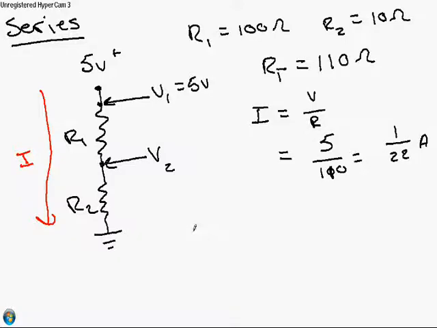So the division is a ratio between the choke here and the amount flowing through. So that is R2 over R1 plus R2.